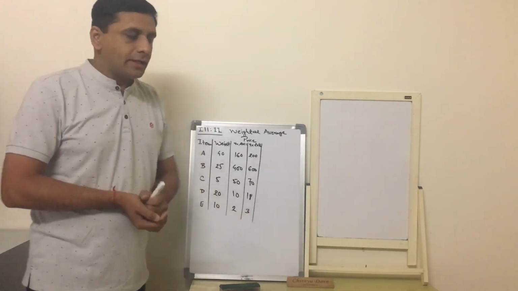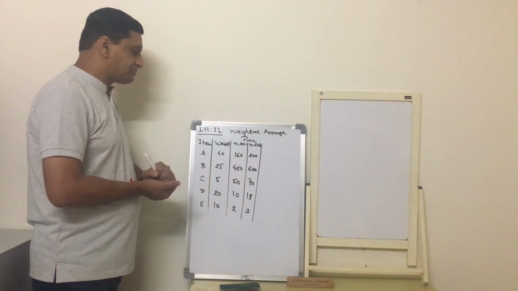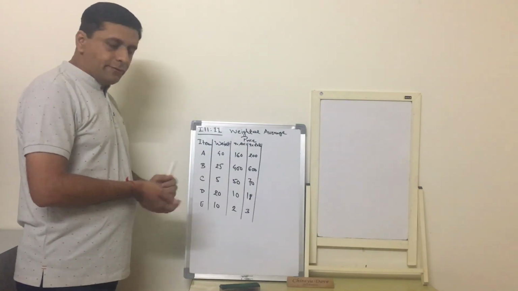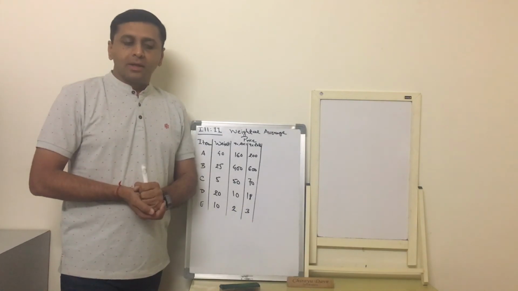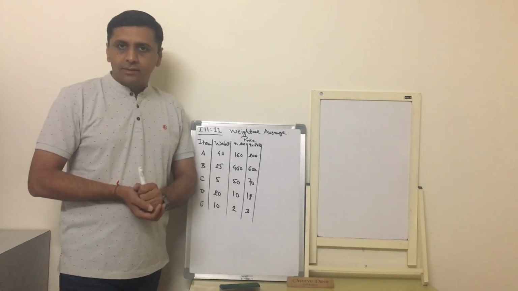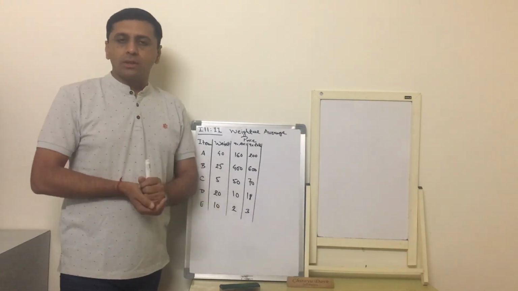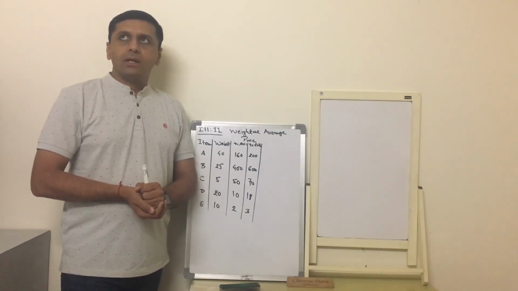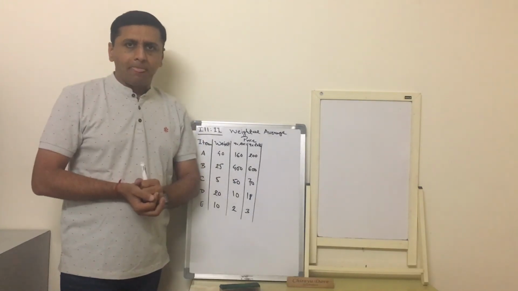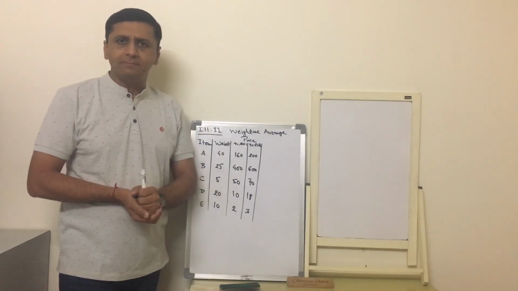Let's shift our attention to illustration number 11. If you look carefully in your textbook PDF, illustration 11 is asking something about the weighted average index of the prices. Let's recollect how the index is prepared.